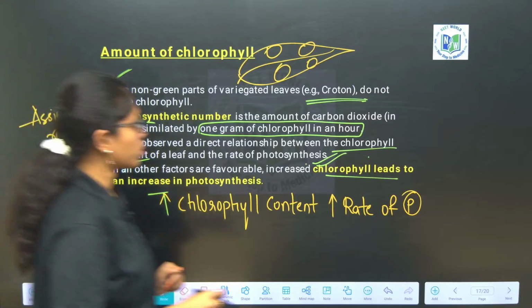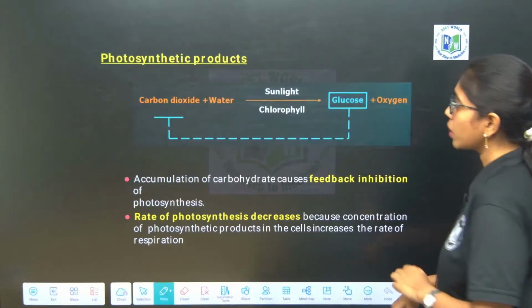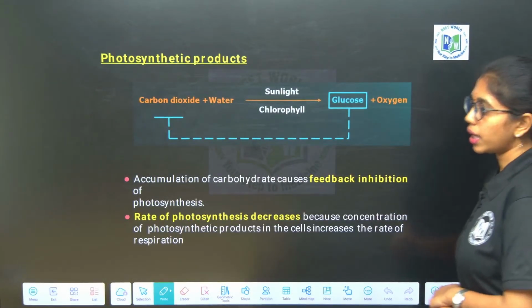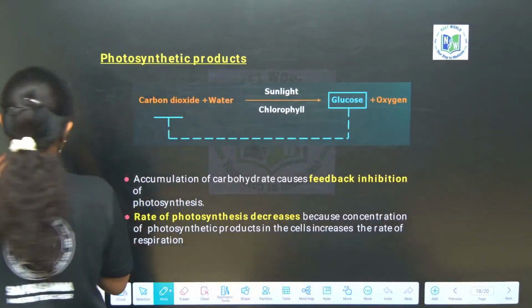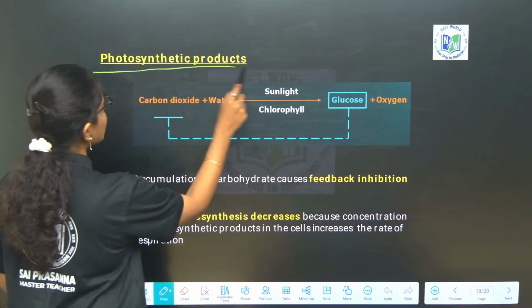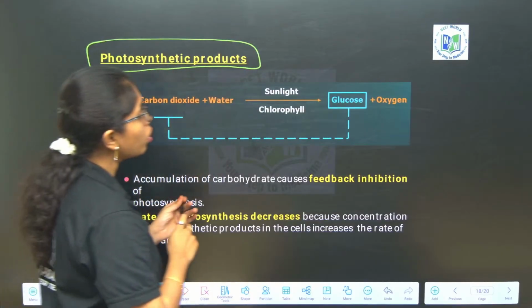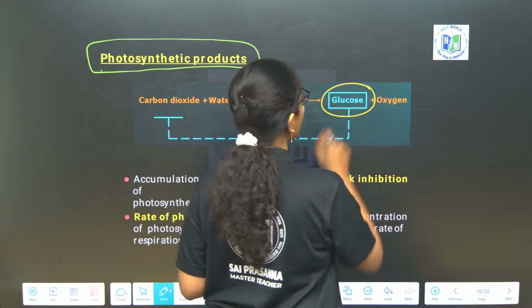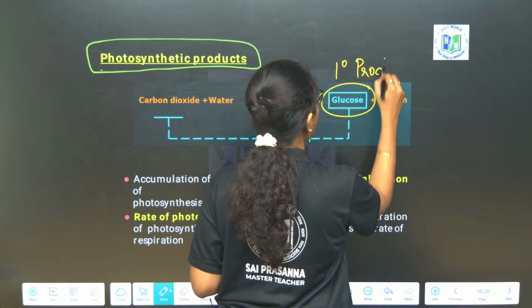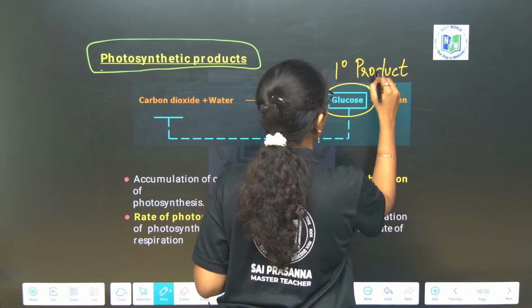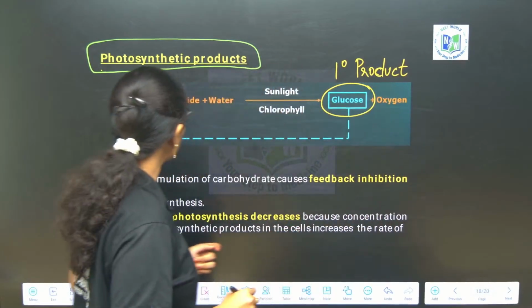Fine. Next we will see photosynthetic products. Photosynthetic products will also inhibit the reaction, okay. Photosynthetic products like glucose. Glucose we all know is the primary product of photosynthesis.